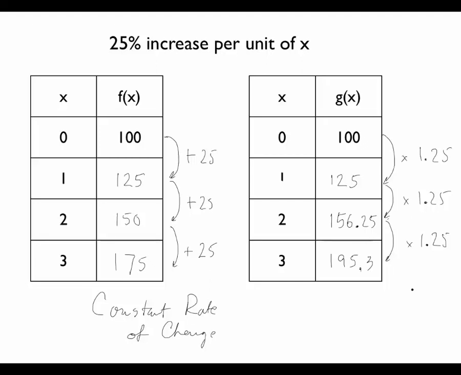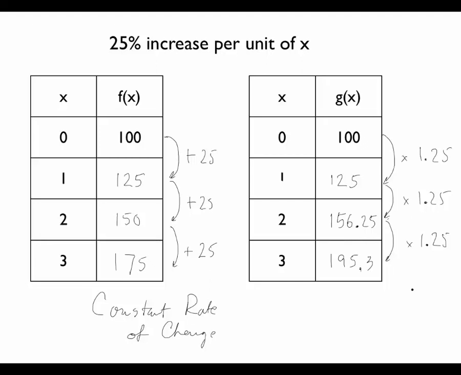So what happens? Now we took 25% of 100 and it increased it by that much. But then we took 25% of 125, not 100. So the amount of increase was bigger because we're taking 25% of a bigger number than 100.